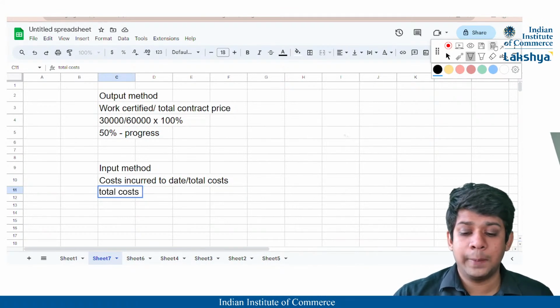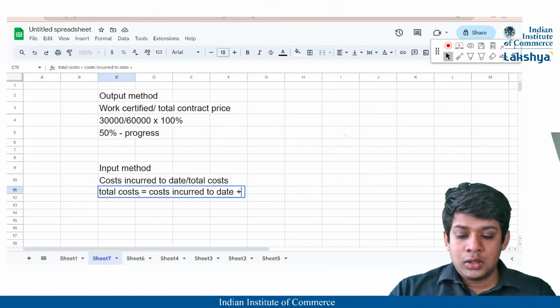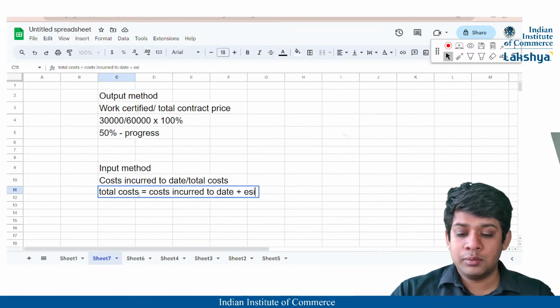So simply putting it, total cost will be equal to cost incurred to date plus I don't know how much more cost will be incurred in the future date. So I'm just taking an estimate for the completion of the project, cost to complete the project, right?